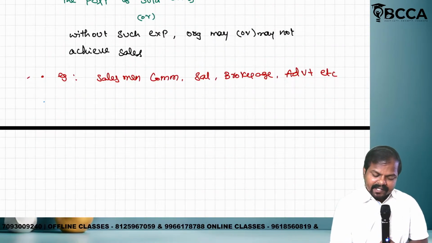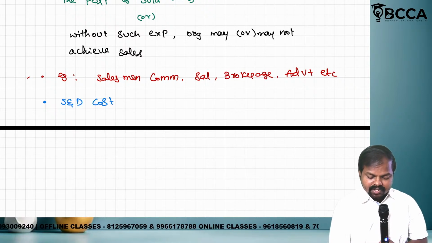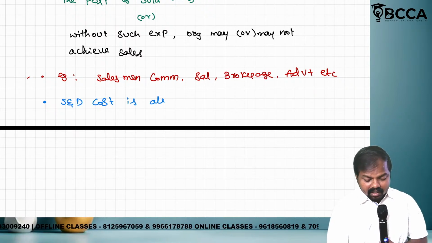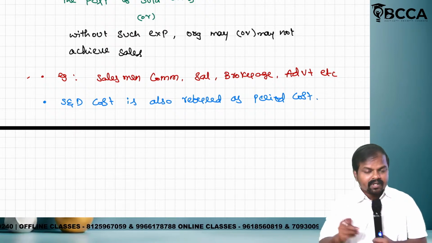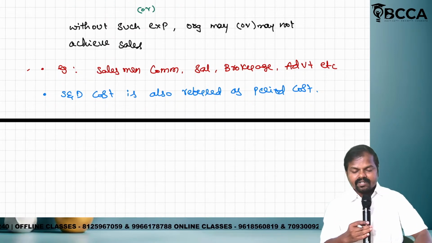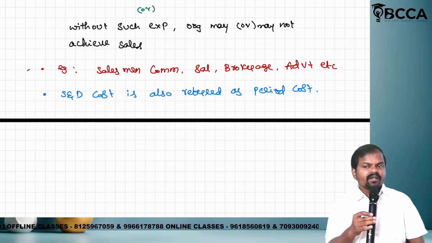Therefore we can say S&D cost is also referred to as what? Period cost. Till now clear? My dear friends? Clear?